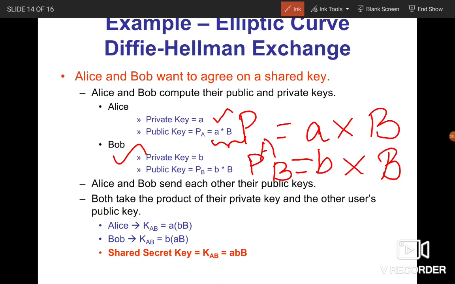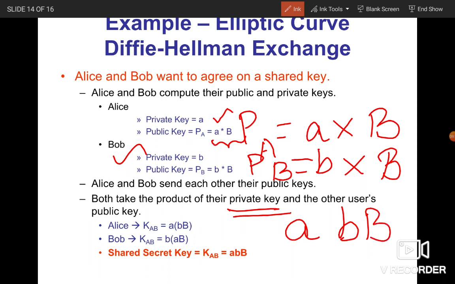Now, Alice and Bob send each other their public keys. Both take the product of their private key and the other user's public key. Alice's private key is a, and the other user's public key is PB.